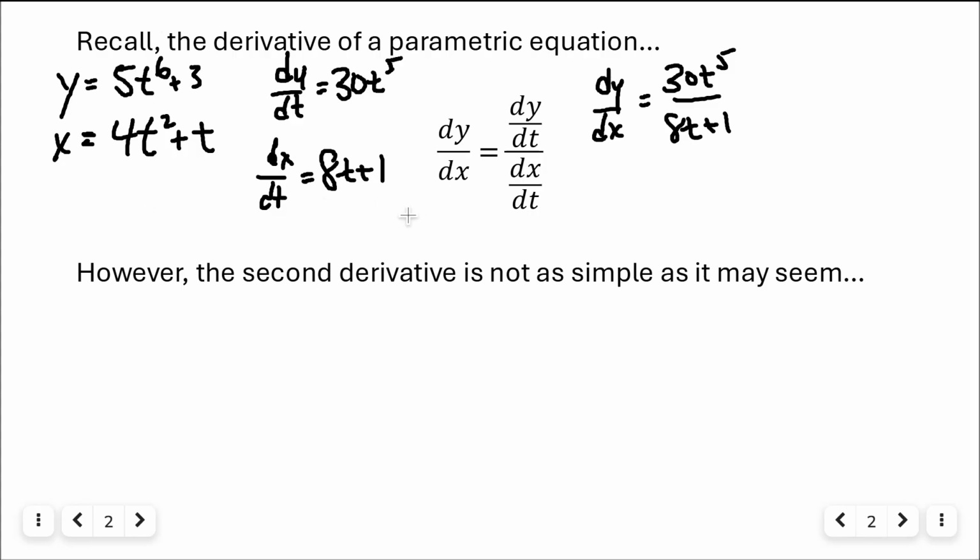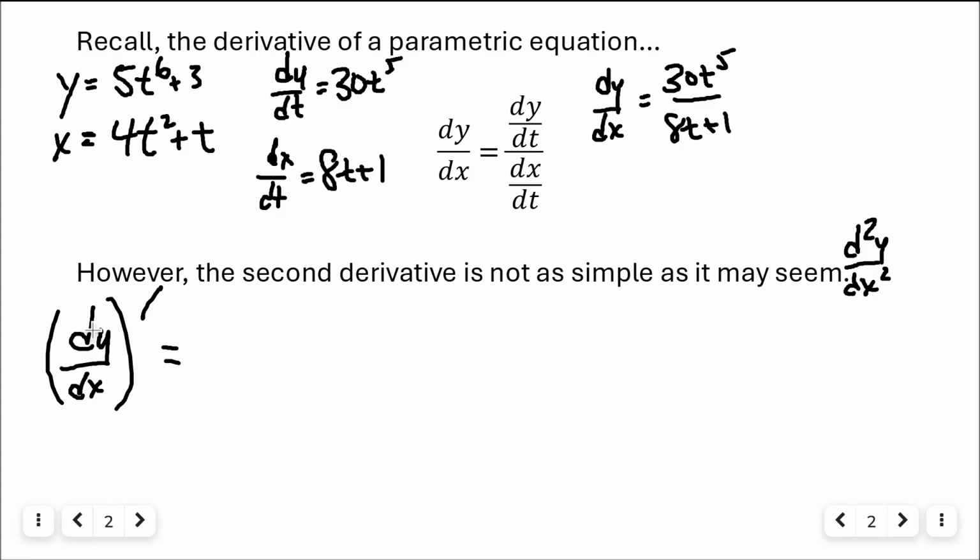But the issue is the second derivative is not as simple as it may seem. So what I want to do is find dy/dx and take its derivative, right? What I want to find really is d squared y over dx squared.